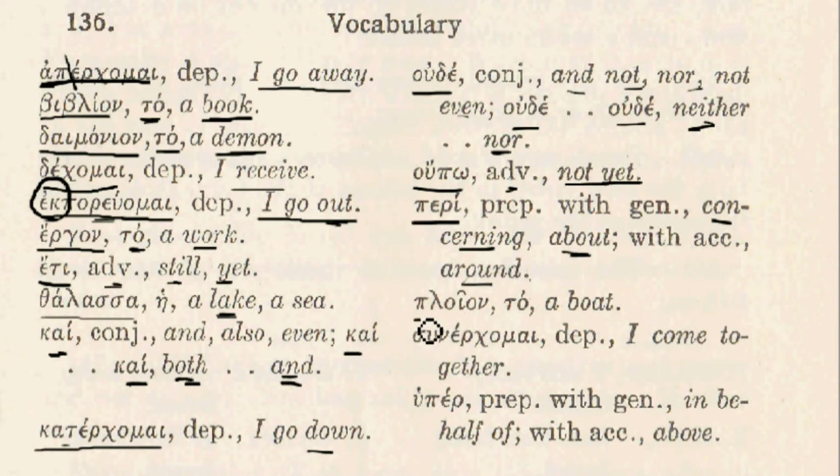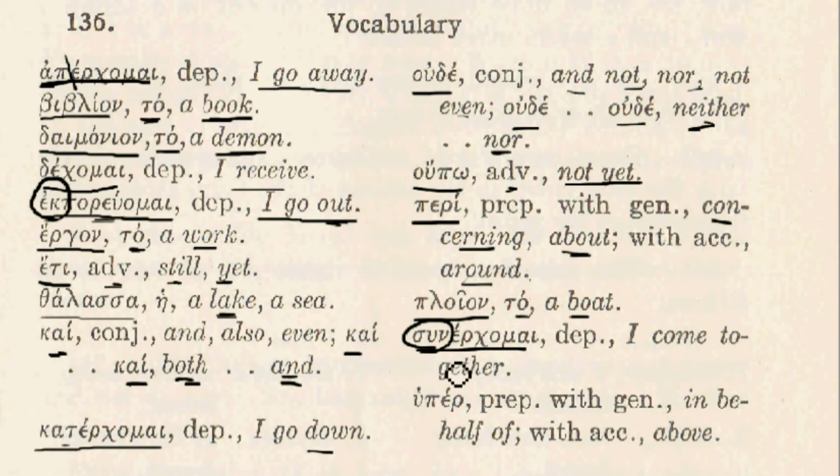Ploion, don't know any English words that are connected to this one. It means a boat. So you'll just have to learn that. It's a neuter noun, as you notice. Sun erkamai, we've had this sun preposition before. You know that the English form of that is actually syn. So we have synthetic, synthesize, synchronize, and all kinds of words that use that particular prefix.